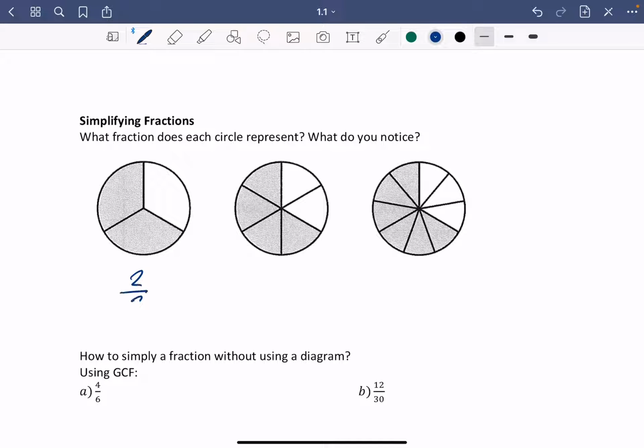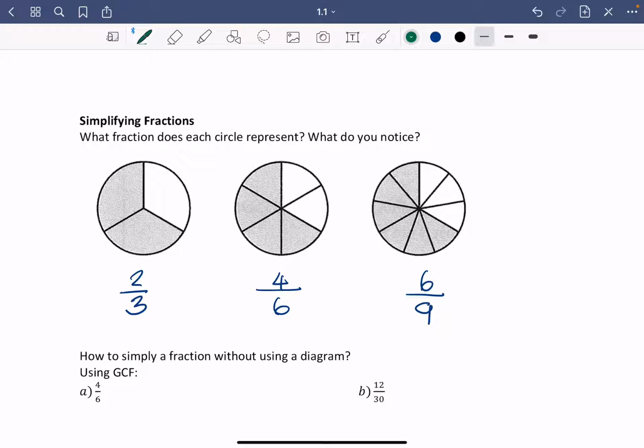So it'll be 2/3. And the next one, the fraction is being divided into 6 pieces, and we have 4 shaded ones. And the last one is divided into 1, 2, 3, 4, 5, 6, 7, 8, 9 pieces, and the shaded areas are 1, 2, 3, 4, 5, 6, 6 of them.